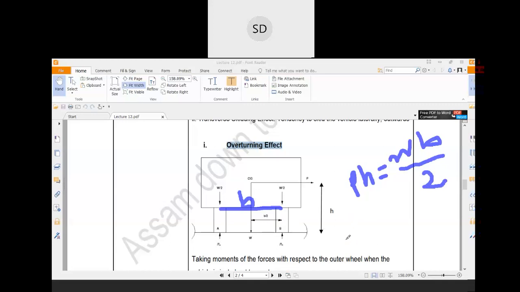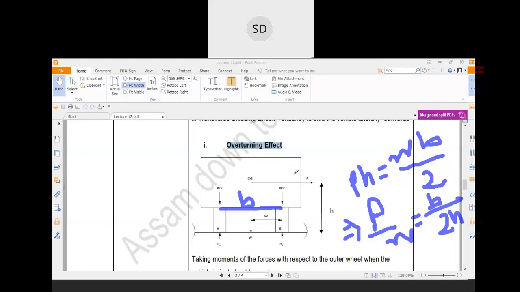So the centrifugal ratio P by W equal to B by 2h.